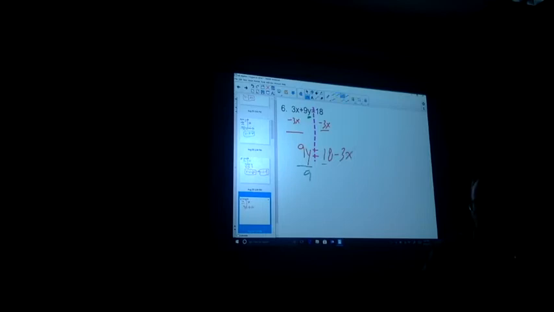Divide by 9, divide by 9, and divide by 9, because 9 and y are being held together by multiplication. So I wind up with 18 over 9 is 2, and then 3 over 9 reduces to 1/3. Keep the x. So this answer is totally fine. Some people might prefer to have it like this. And both answers are correct, okay?